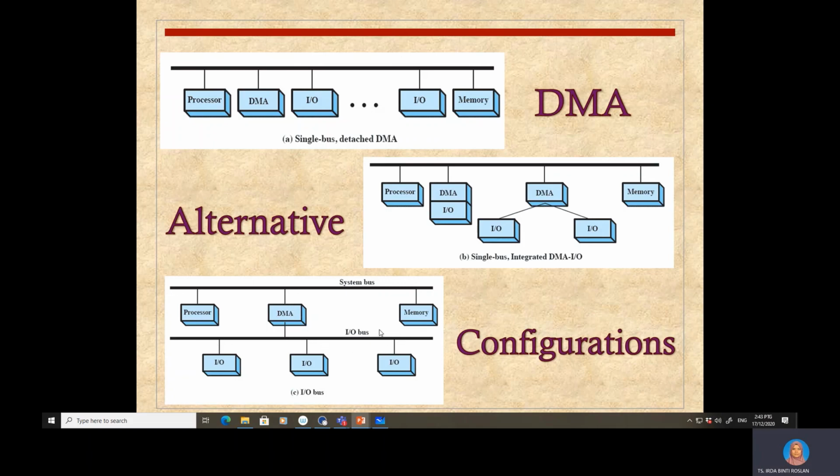So basically there are two buses, the system bus and the I/O bus. Connecting I/O modules to the DMA module using an I/O bus reduces the number of I/O interfaces in the DMA module to one, and provides an easily expandable configuration. So these are the three different DMA configurations.